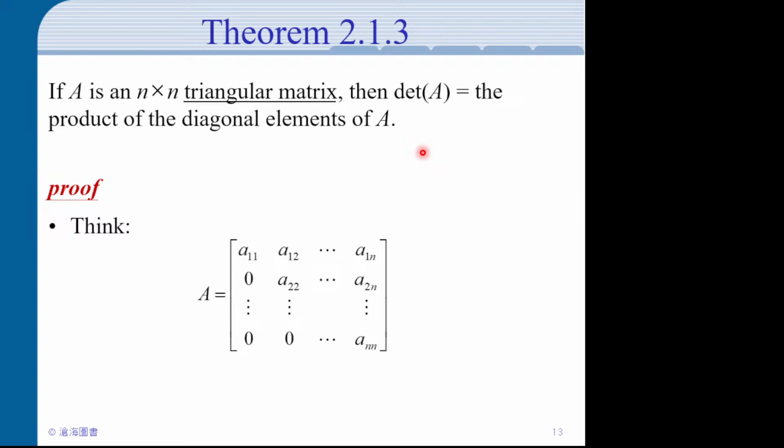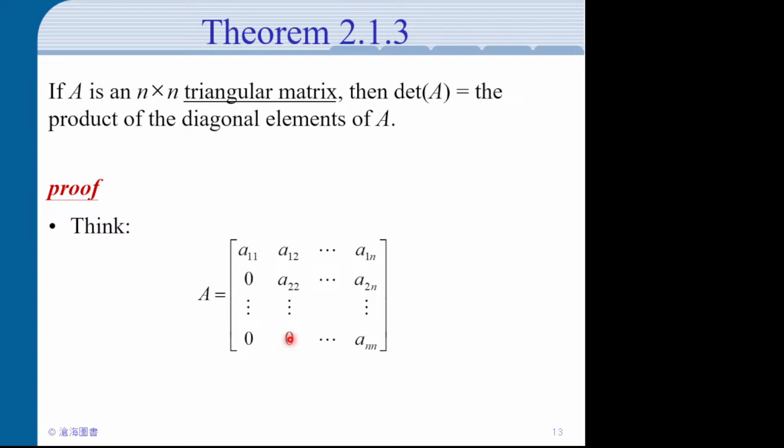Okay, so the next property is a very easy proof, and it says if A is a triangular matrix, so that below this line is all 0, then the determinant of A is the product of just this diagonal. So the other entries off the diagonal don't matter. Here is A11 times A22 times all the way to Ann, and anyone want to say why?